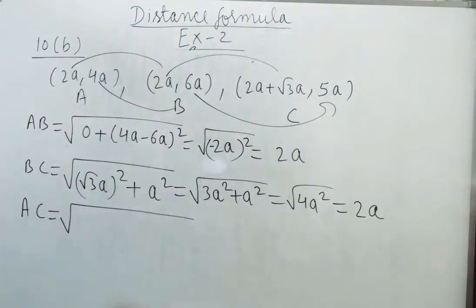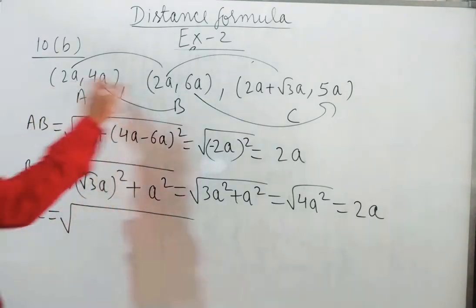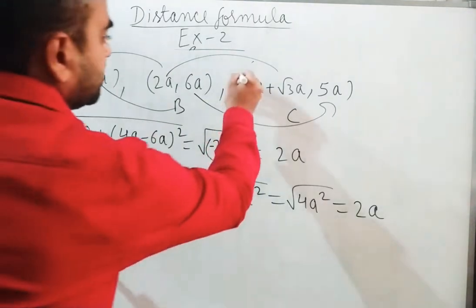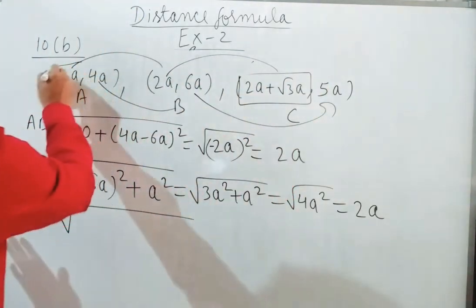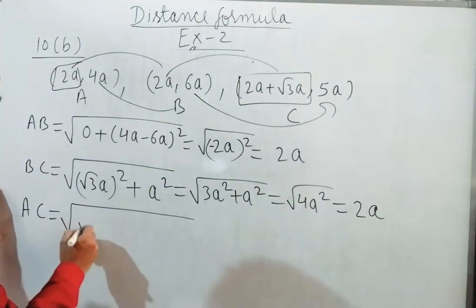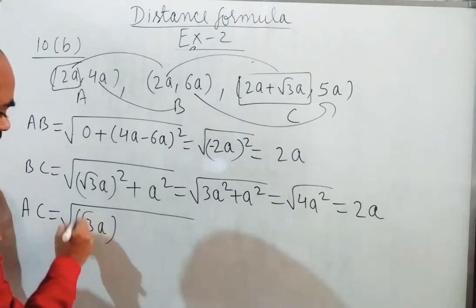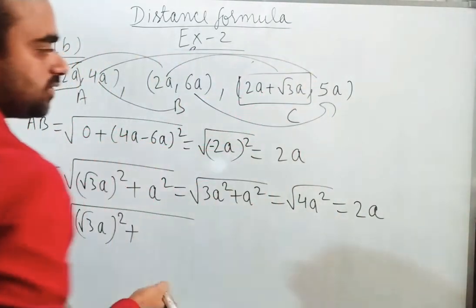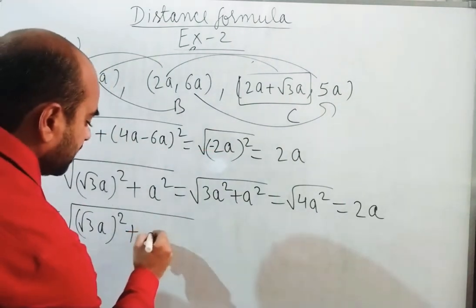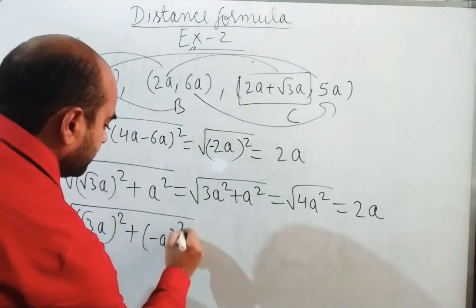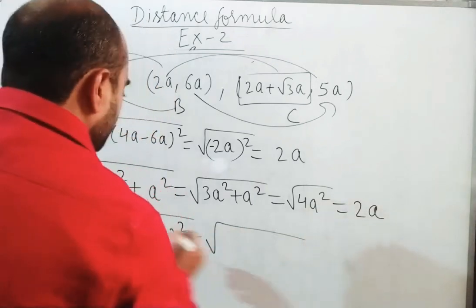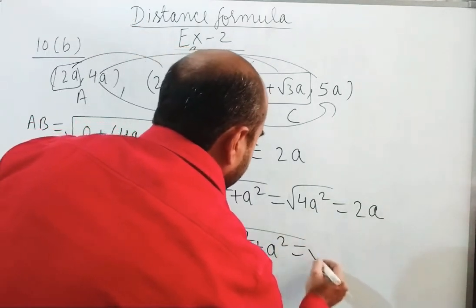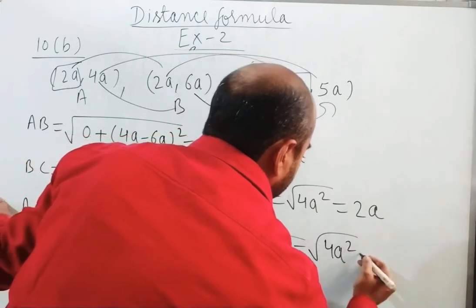Last one is AC. For AC again take the difference of x coordinate. Again 2a plus root 3 and 2a cancelled. What is left? Root 3a is left whole square, plus take the difference of y coordinate, 4a minus 5a, that is minus a. Minus a square means a square will come. So finally this will be also 3a square plus a square, that is 4a square.